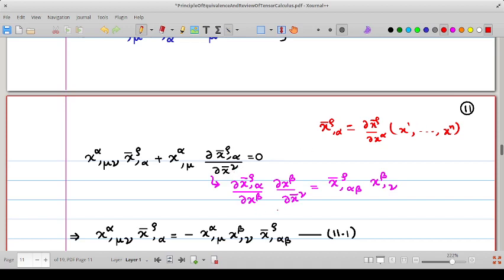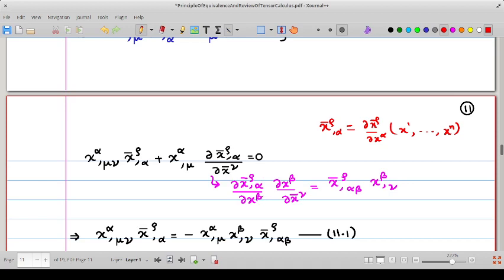So that is what we have done here. So this is equal to the derivative of x bar rho comma alpha with respect to x beta, then multiplied with dx beta by dx bar nu.